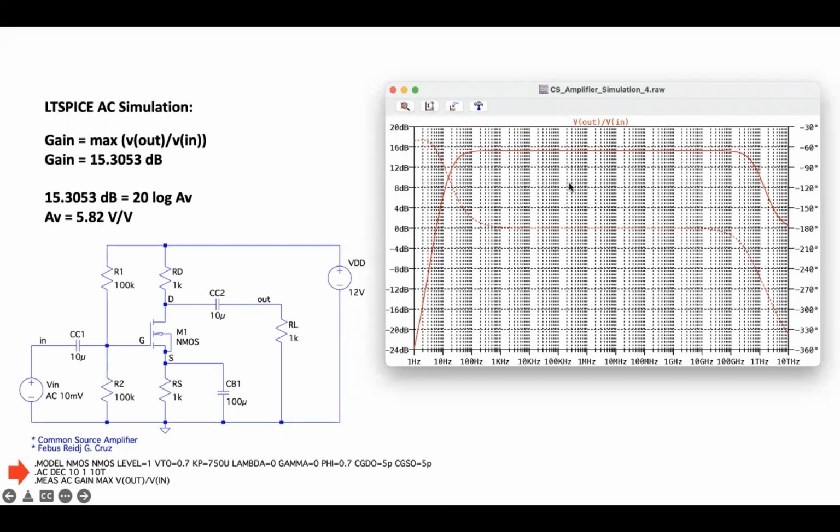And then we did not stop at 100 kilohertz, but continue the analysis up to 10 terahertz. And then at around 100 gigahertz, we can notice that the voltage gain will again start to decrease.